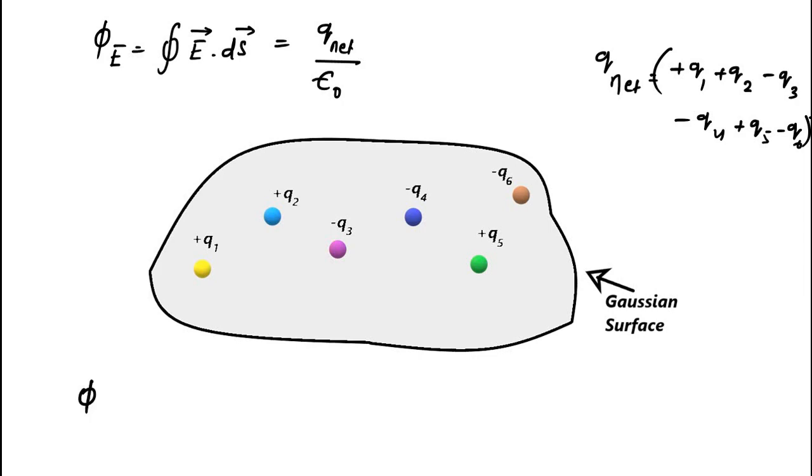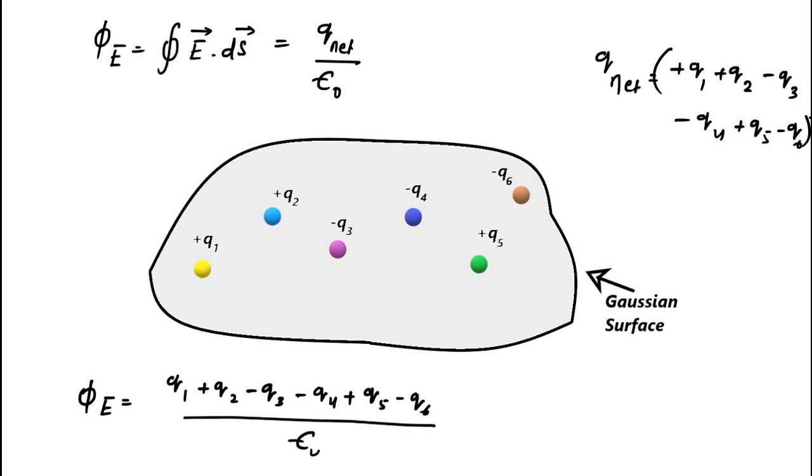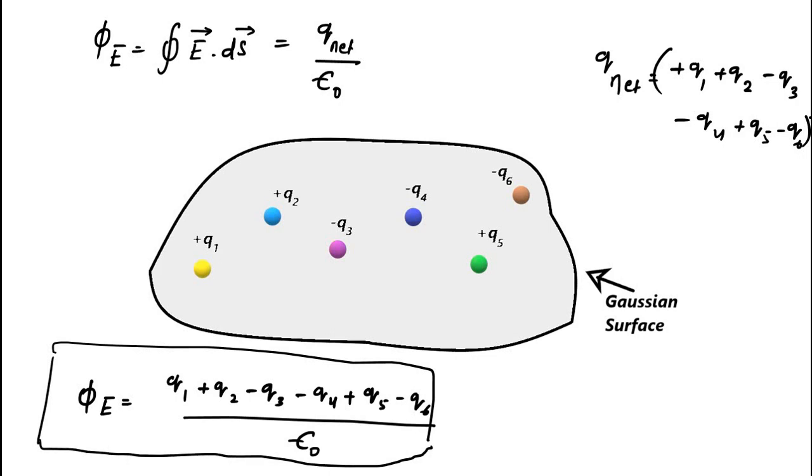So the electric flux will be equal to q1 plus q2 minus q3 minus q4 plus q5 minus q6, by epsilon 0, when it is free space, with absolute permittivity or permittivity of free space. This is the simple statement of Gauss law.